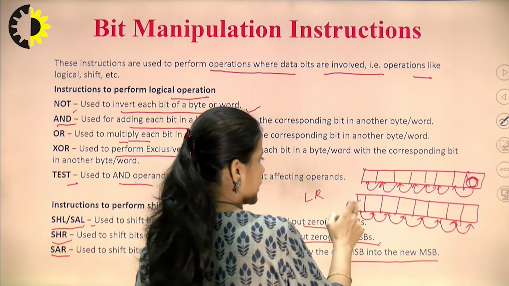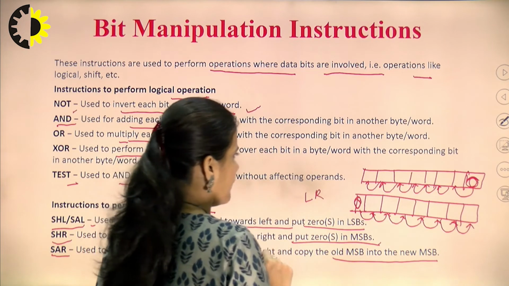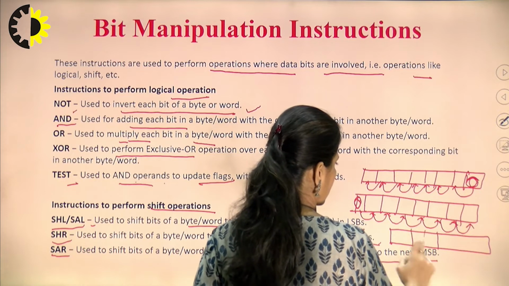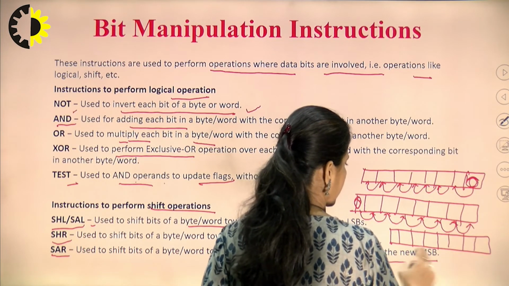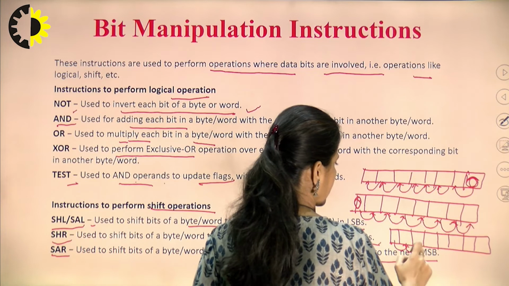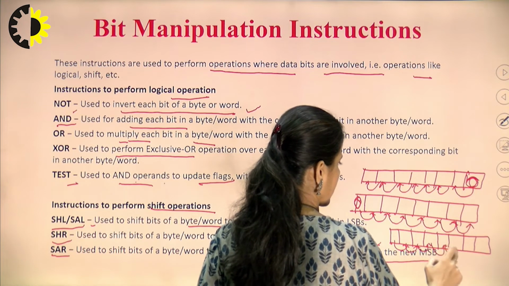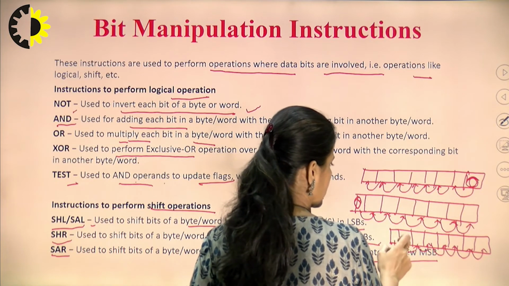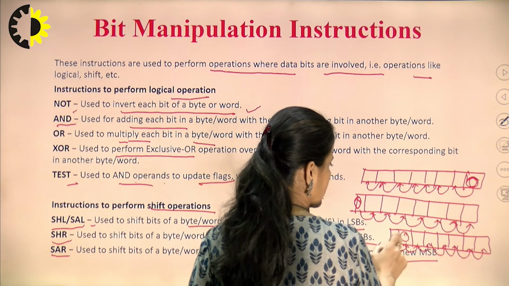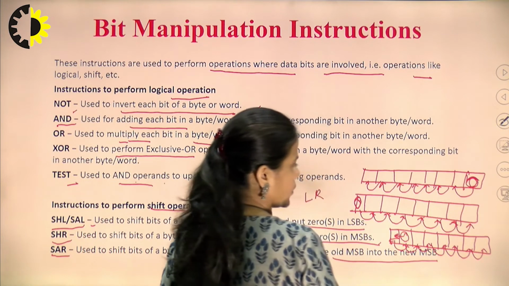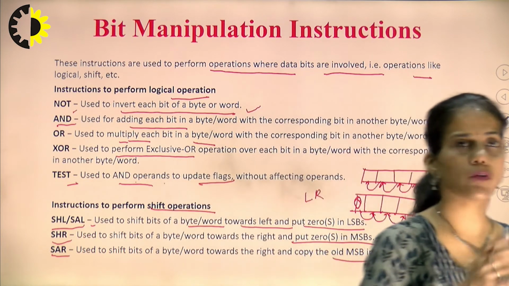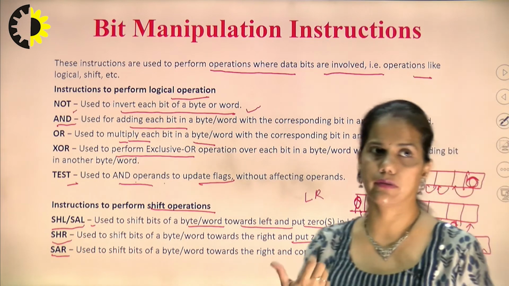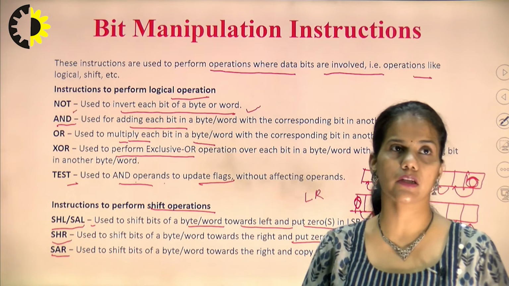So this will be empty and 0 will be placed here. But in the arithmetic right shift, this will be empty and this will be replaced with the bit which was present at this location. Whatever was the MSB of the old byte will be copied to the shifted bit. So in this way the arithmetic right shift will be executed.